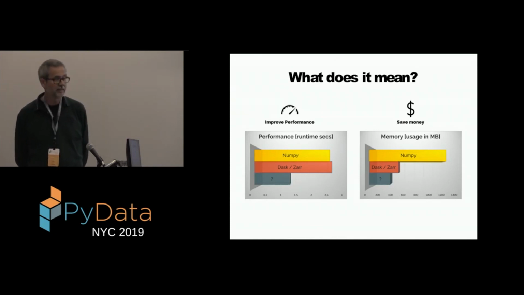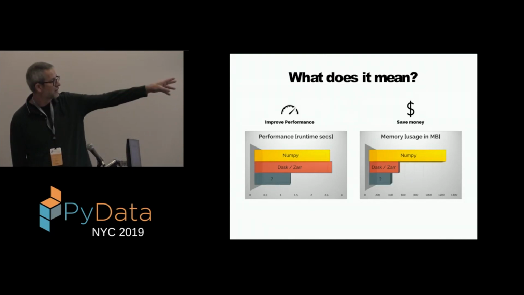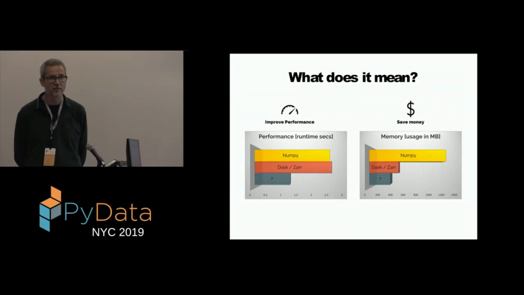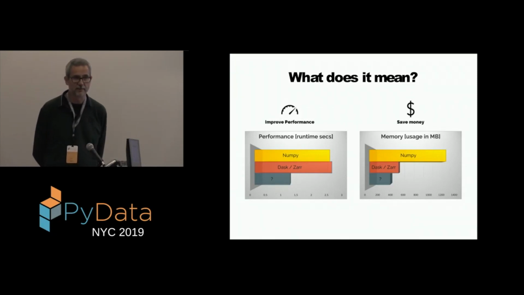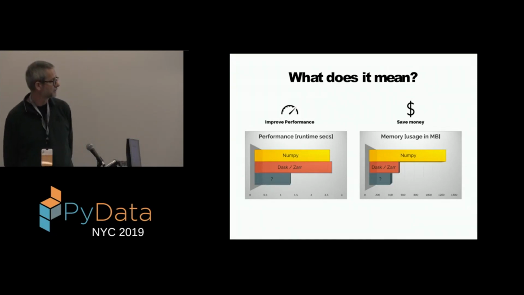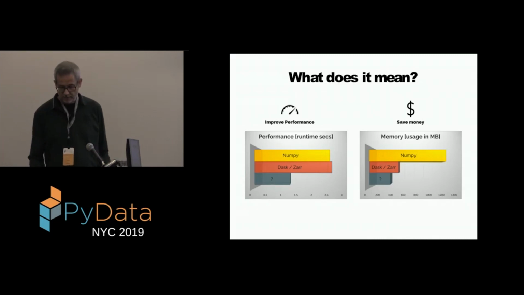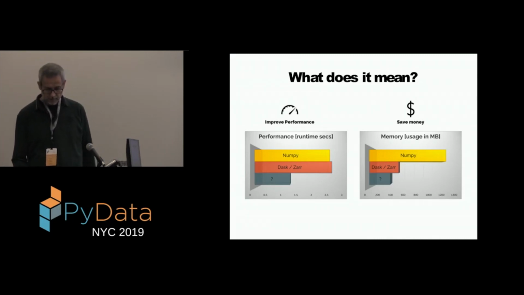And on the other hand, we want to compute with compressed data. So we have a big advantage over solutions like NumPy that don't handle compressed data. This is the goal, and that allows you, of course, to save money.